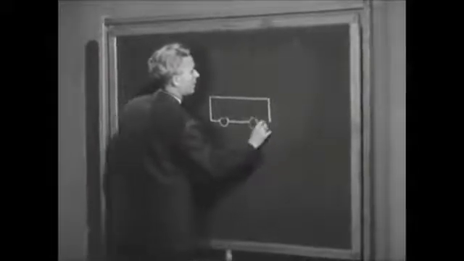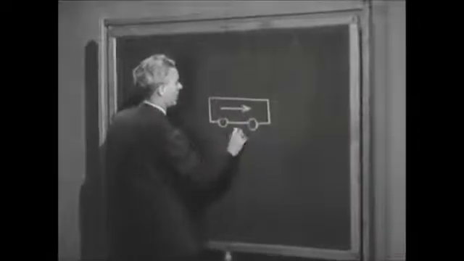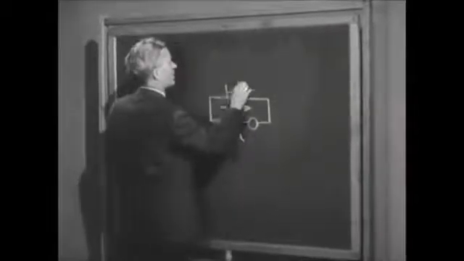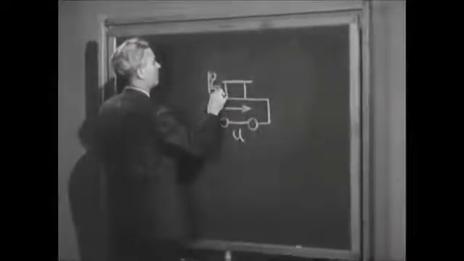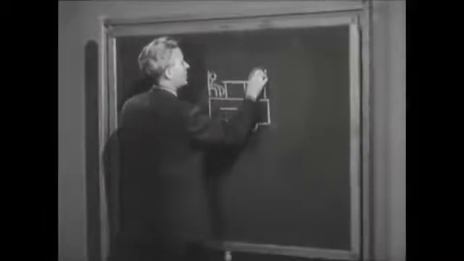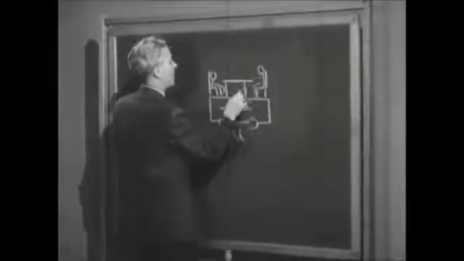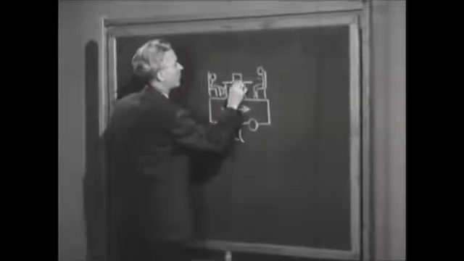Here's the cart, which was moving along in this direction with a velocity u. We were sitting on the cart at a table. Here I am over on this side, and Dr. Hume was on this side, and we were pushing this puck back and forth on the table.